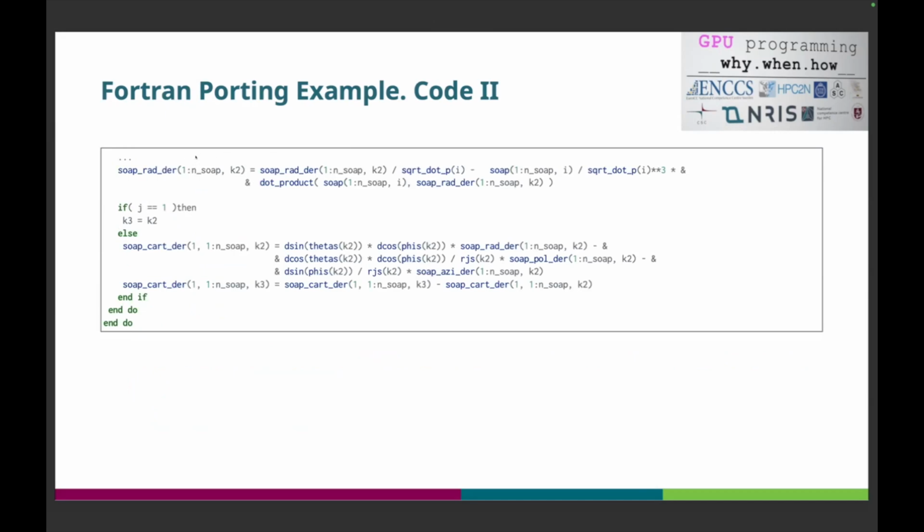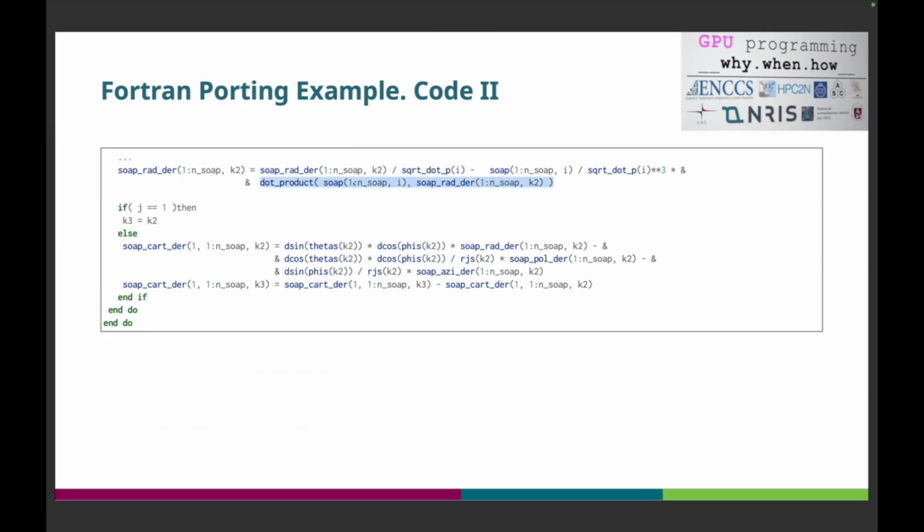Now, when this part of the loop is finished, for the same K2, it's trying to do some normalization. It's dividing by a normalization factor for each particle, which is known from before. But now here we have something called a dot product.